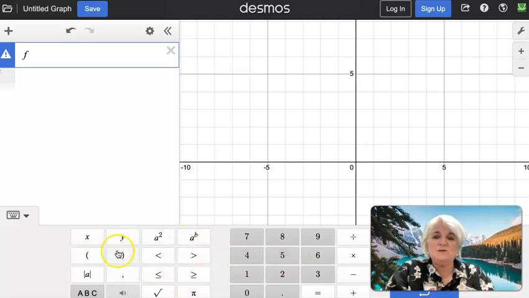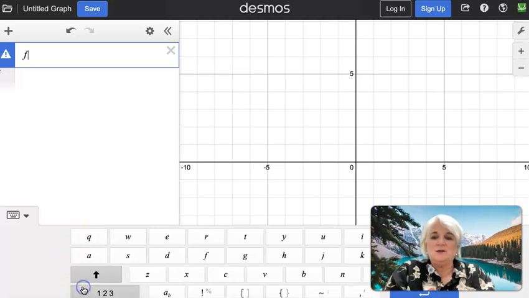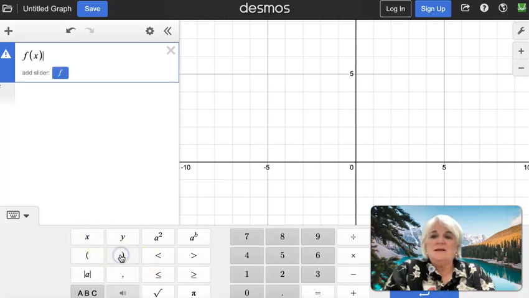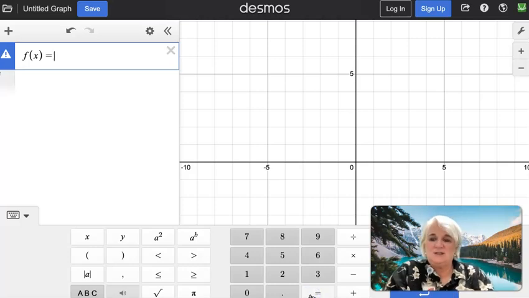I could have pressed it on here too, going into the ABC, I could have pressed the F here, but I didn't. Okay, so just so you know. Now I need parentheses and an x inside. So parenthesis x, close the parenthesis, and equal. So that's the function notation.